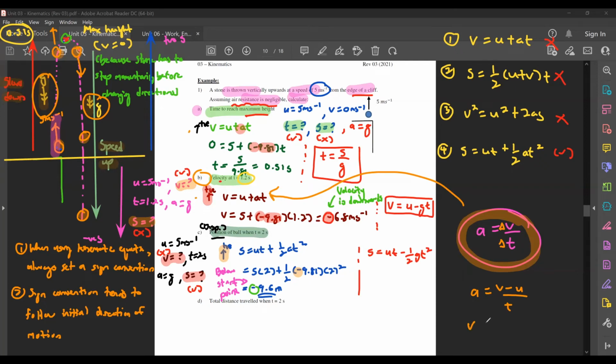So if I rearrange it, v is equal to u plus at. You're actually doing the same thing. Except for the first one, right? For the first equation, you can also still use it. Technically all these equations are derived from a equals v over t, right?